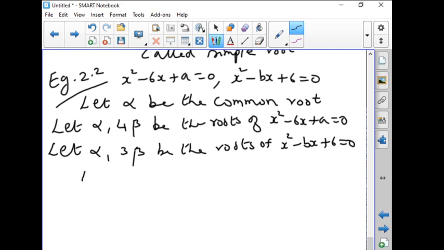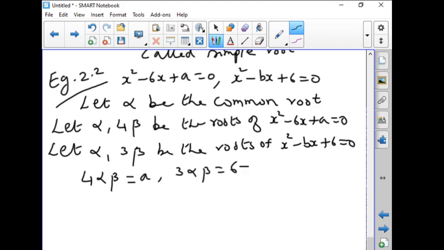Product of the roots is 4 alpha beta and it is equal to a. Okay, from the first equation we have 4 alpha beta is equal to a, and from the second one we get 3 alpha beta is equal to 6.